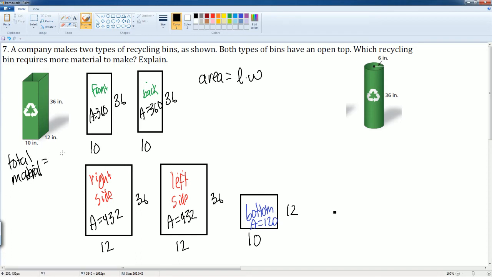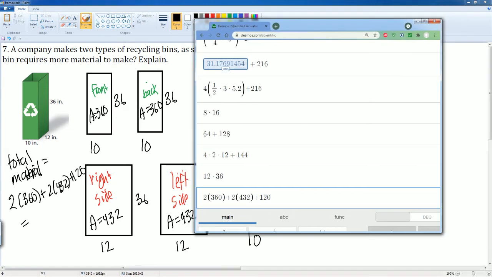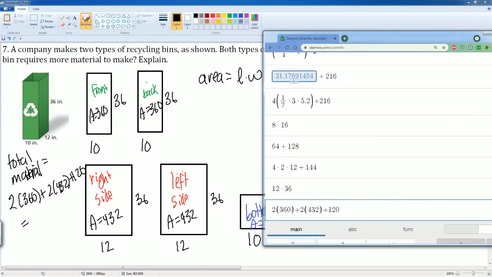I am going to do 2 times 360 plus 2 times 432 plus 120.